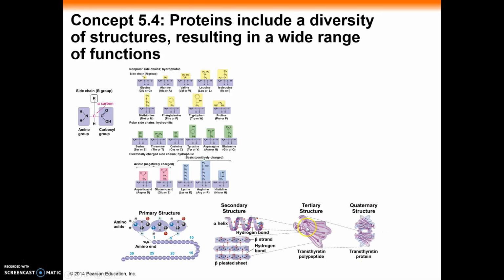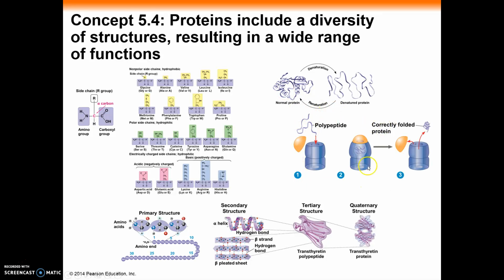Quaternary structure is when we bring multiple polypeptide chains together. Proteins work when they are folded properly. If you unfold it, that's called denaturation, and that leads to a non-functional protein. Sometimes it is possible to renature that protein, but oftentimes it is not possible. One thing that can help with that is chaperonins.